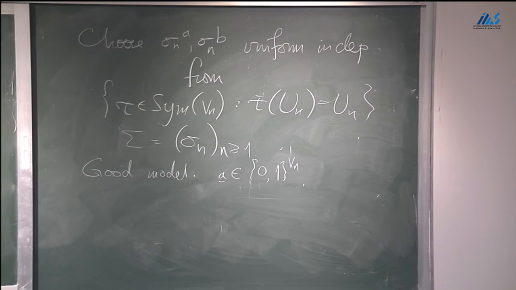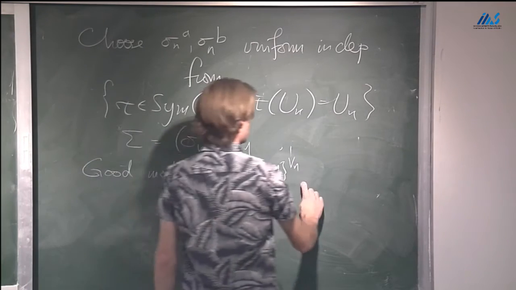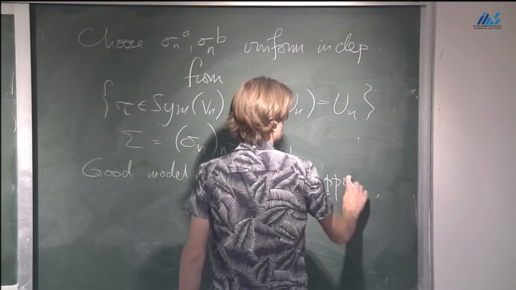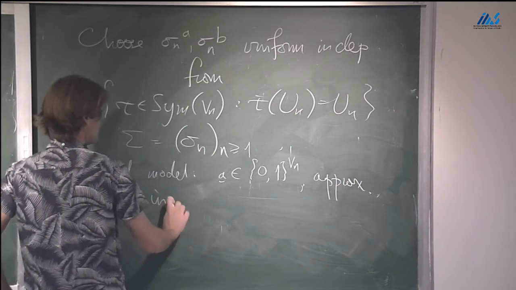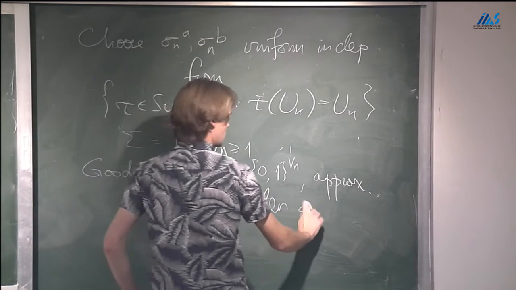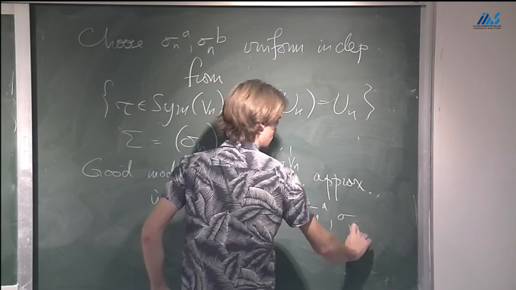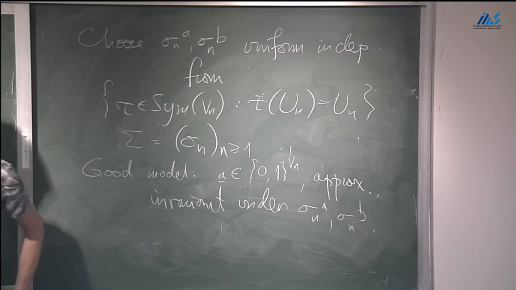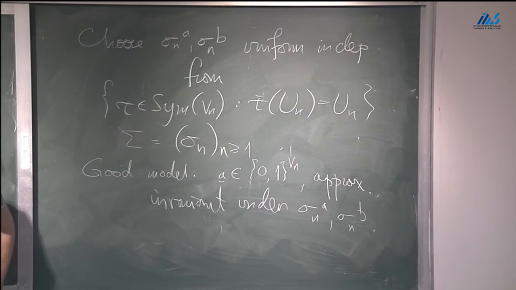But if you move in any other direction, it does with probability whatever it should be for the IID law. So A has to be approximately invariant under sigma nA and sigma nB. And then it has to have the right statistics for moving in other directions. Let's worry less about that. So is there such a coloring?